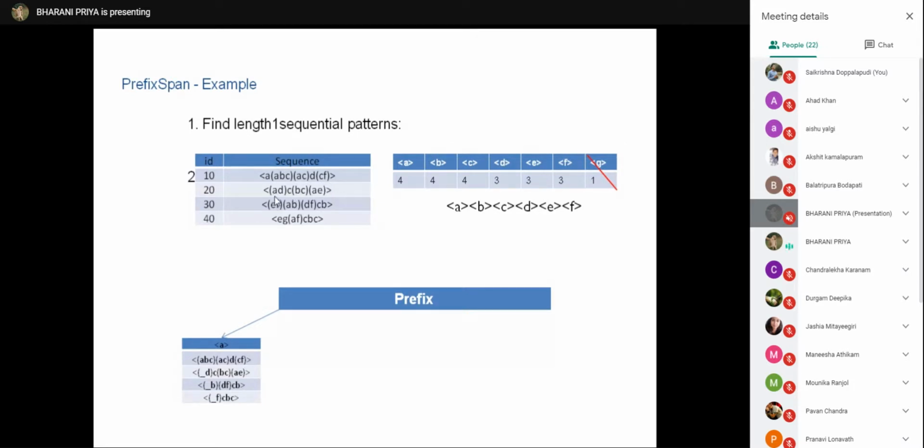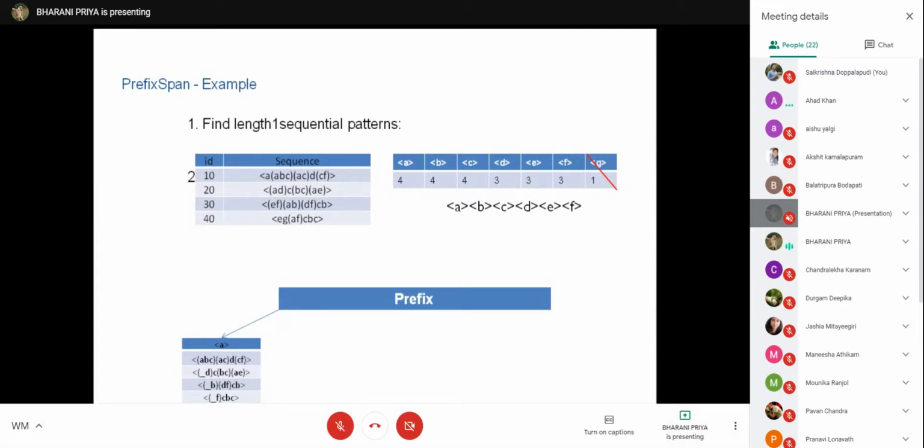Next, A is a part of your item set, so underscore D, C, B, C, A. Then in the second item, A is a prefix, so from that the remaining part will be written: B, D, F, C, B. A here is prefix, so underscore F, C, B, C. Is this clear? If this is clear, I'll go with B.